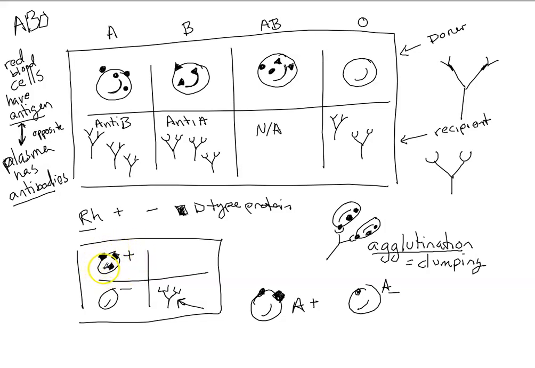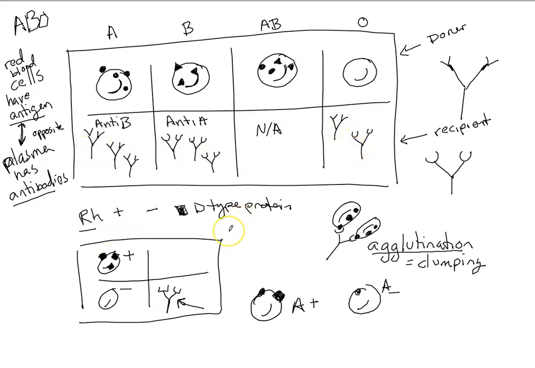There is a placental barrier, so mom's blood and baby's blood should not necessarily be mixing, but at some point during the prenatal testing periods or some kind of trauma, or just the trauma of childbirth, mother and baby's blood are exposed to each other. And so that's how the mother who is Rh negative gets exposed to the D-type protein and develops the anti-D antibody. So this is an antibody that only develops on exposure, whereas the rest of these you're born with.